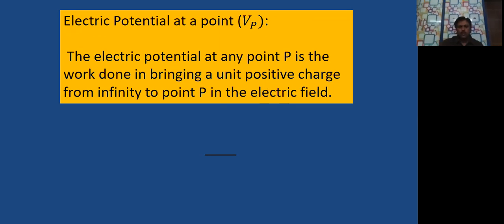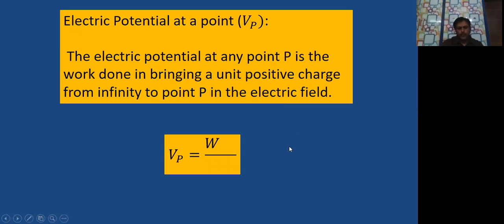Plus 1 coulomb. So if I bring a unit positive charge from infinity to the point P, the work done in the process is itself equal to the electric potential. So please remember this: Vp is equal to W infinity to P by Q.